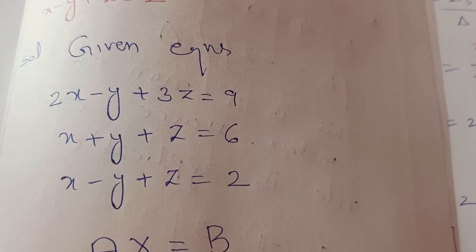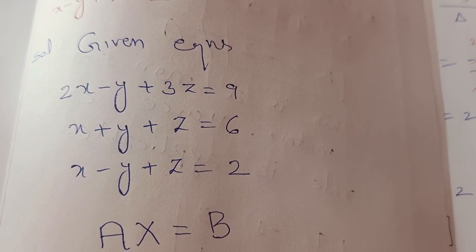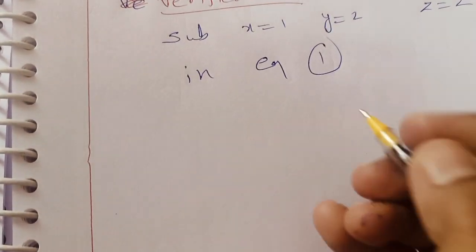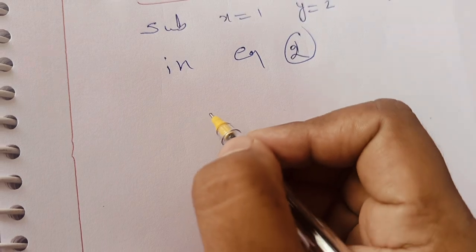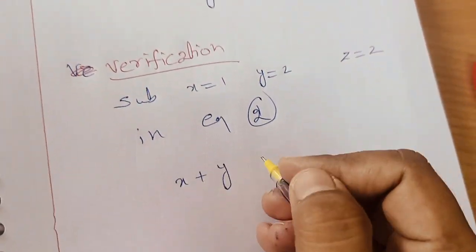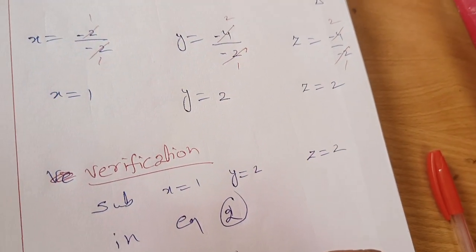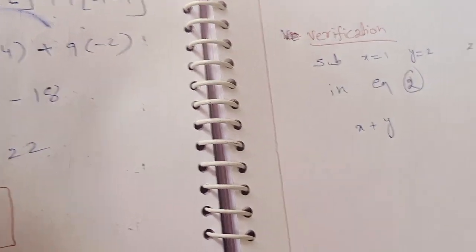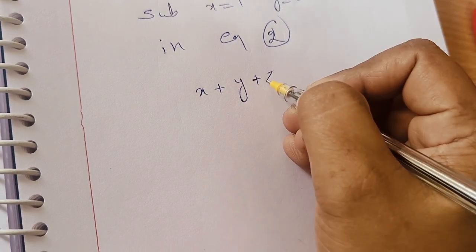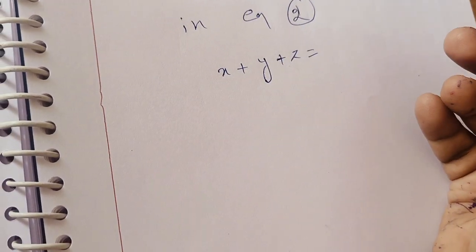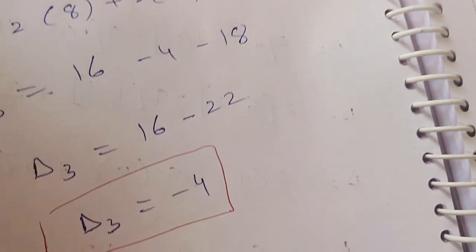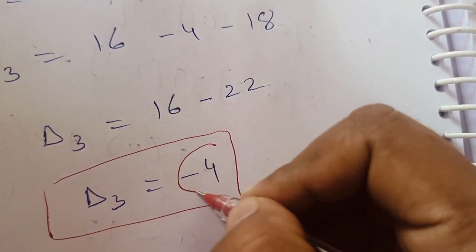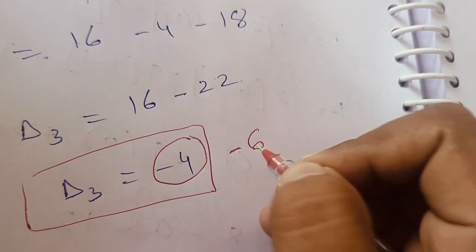So here we will take equation number 2. x plus y plus z is equal to 6. So we will substitute in equation number 2, x plus y plus z is equal to, no, this is minus 6, not minus 4. Here we have minus 6.